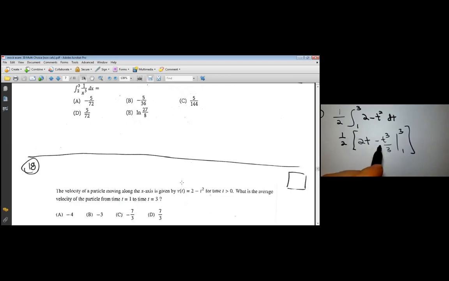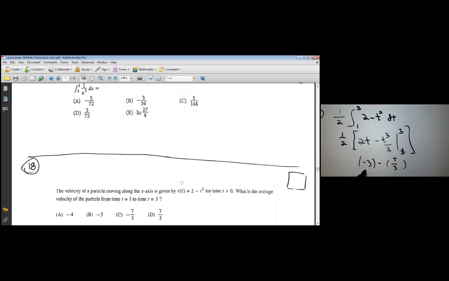So 6 minus 9 is -3. When we plug in the 1, we've got 2 minus 1/3, so that would be 5/3.